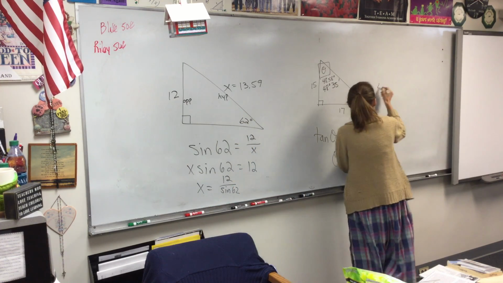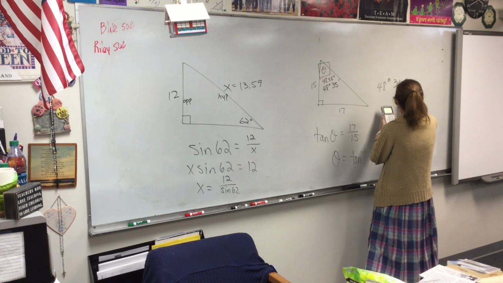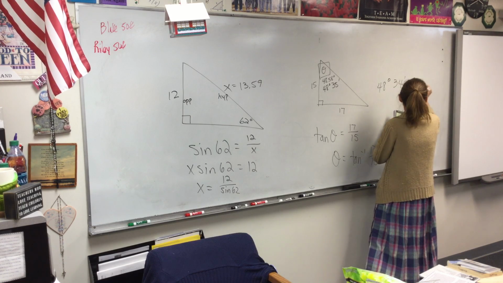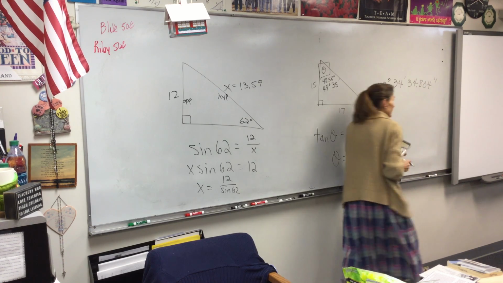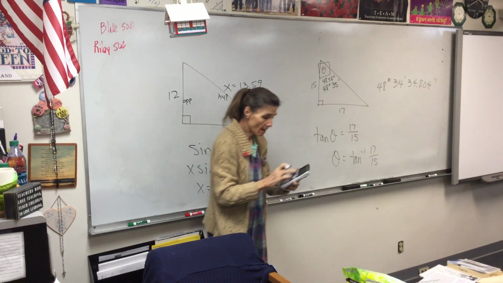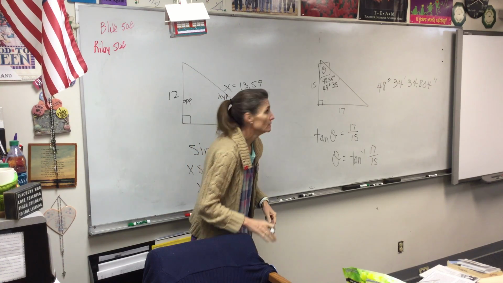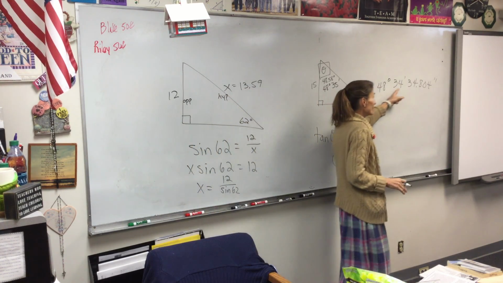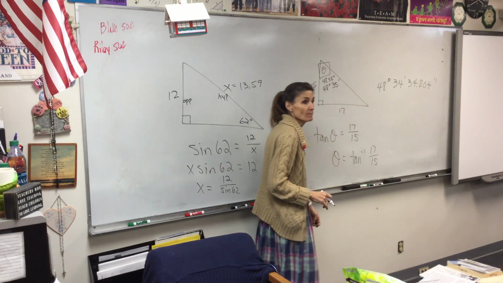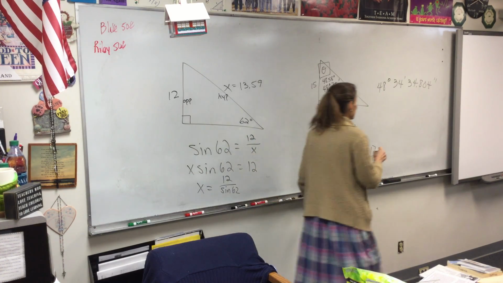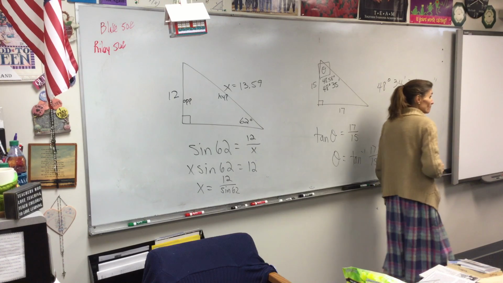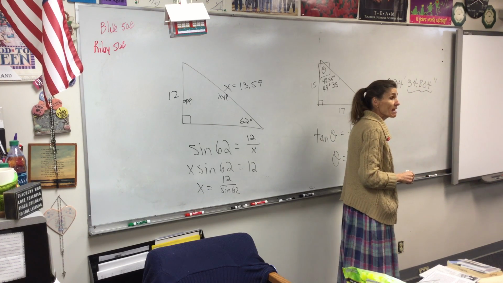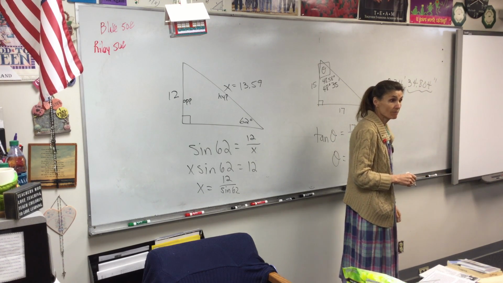Let's talk about that, make sure everybody's clear on that. Why did I round that to 48:35? Can somebody tell me? Exactly. There's 60 seconds in a minute. If I have more than 30, I got more than half, right?